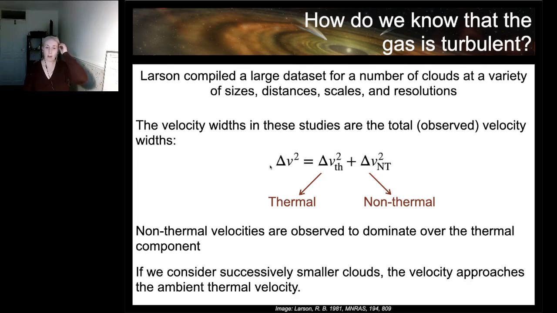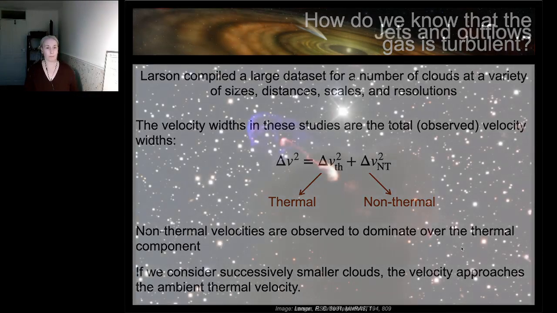And what Larson found, as you might have guessed from the previous slide, is that for many clouds, this non-thermal component is dominating, often by a factor of 10 or even more, over the thermal line width of the cloud. And as we consider successively smaller clouds, this velocity then approaches the ambient thermal velocity.